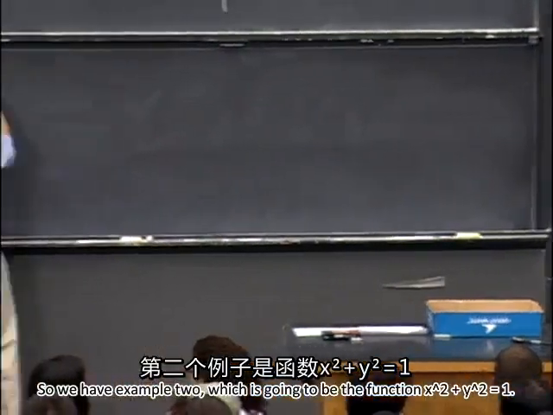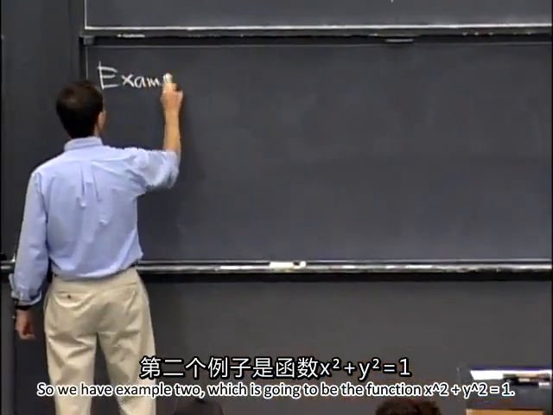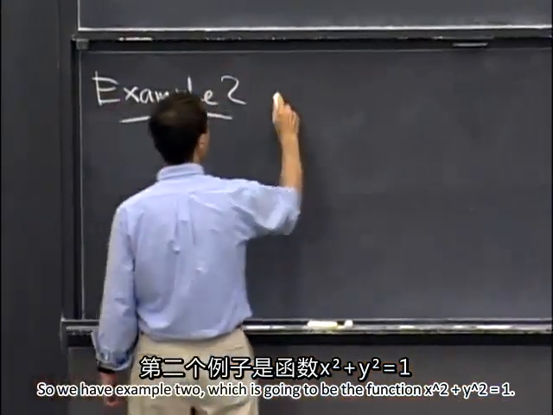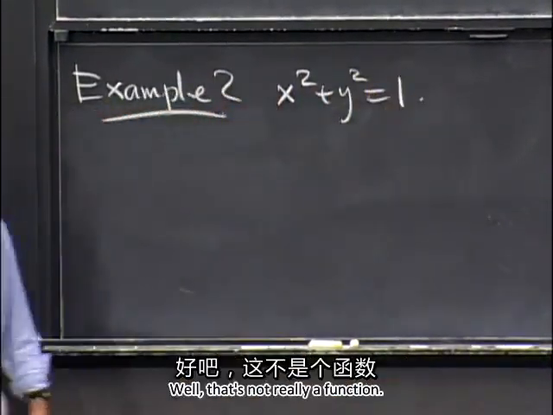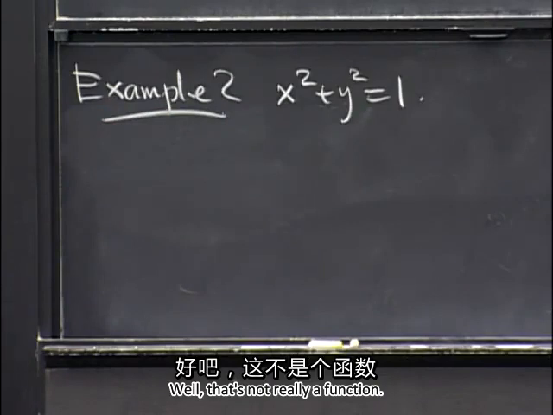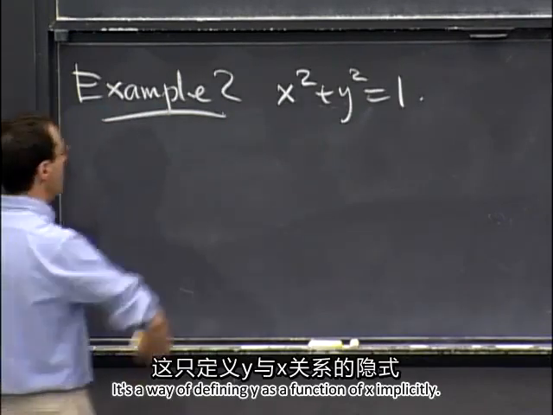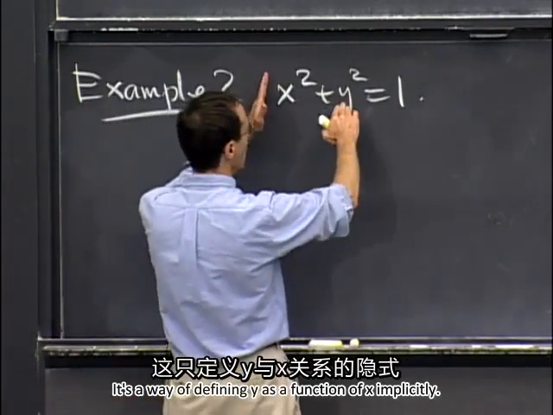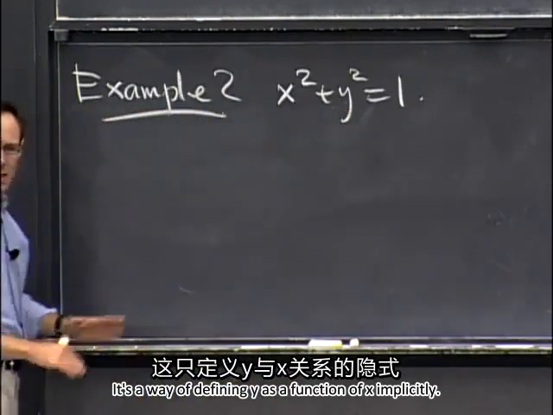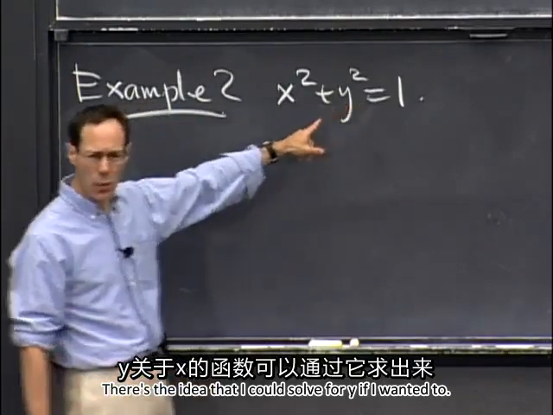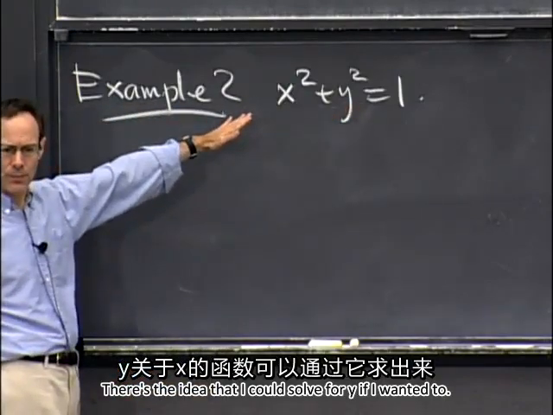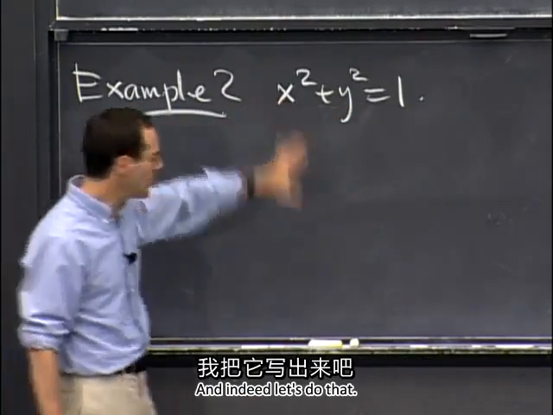So we have example 2, which is x squared plus y squared is equal to 1. Well, that's not really a function. This, again, is a way of defining y as a function of x implicitly. There's the idea that I could solve for y if I wanted to. And indeed, let's do that.